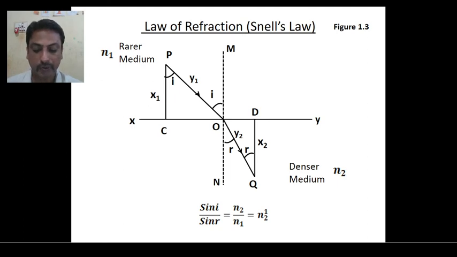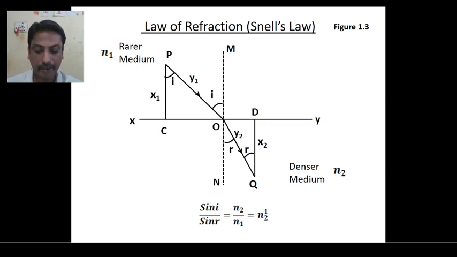I will get x1 tan I plus x2 tan R is equal to a constant. So now I will differentiate the above equation, and after differentiation I will get x1 sec square I di plus x2 sec square r dr is equal to 0, which can be simplified as x1 sec square I di is equal to minus x2 sec square r dr. So this I will consider as equation 3.